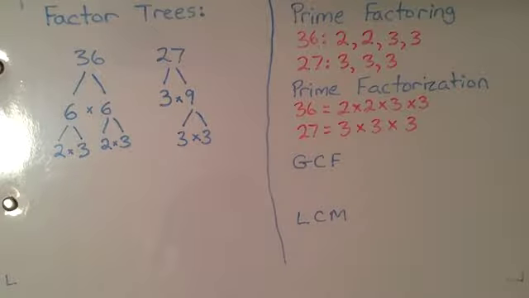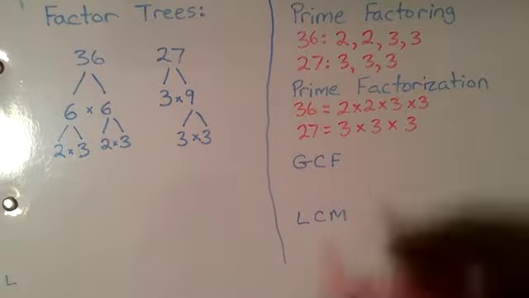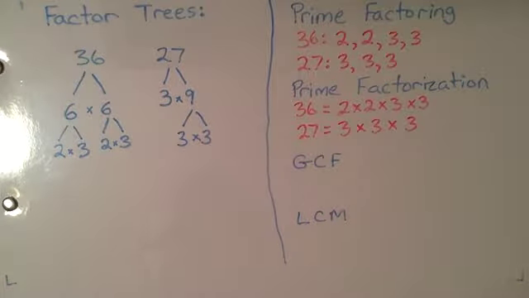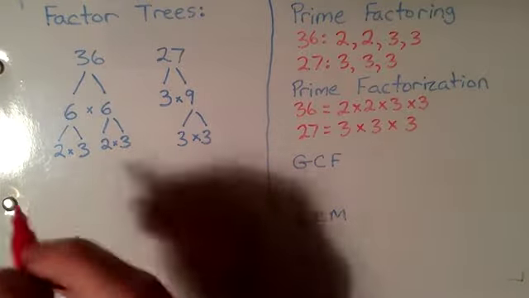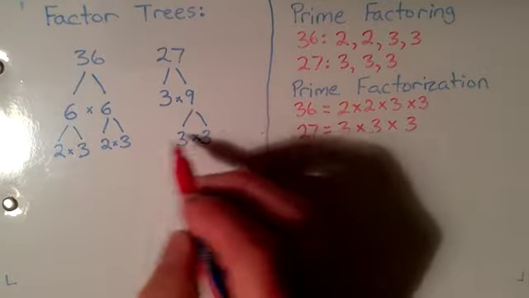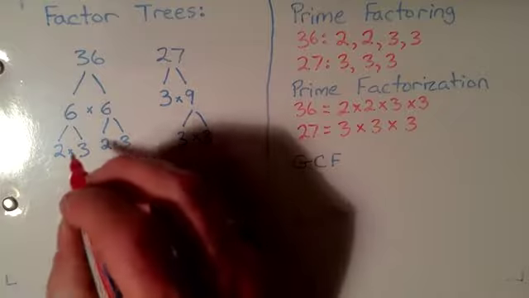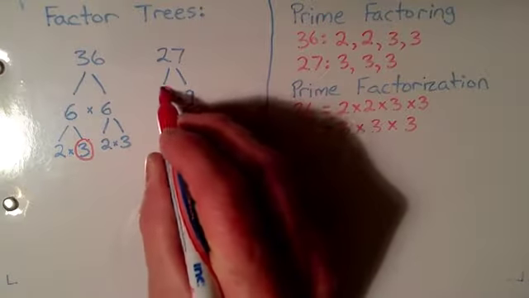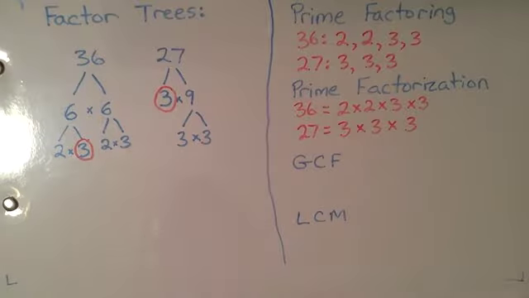So how can we use this information to help us find our greatest common factor and our least common multiple? Well, I find the easiest way to do this is to go back to the factor tree. And what you want to do is match up any of the factors that are the same in both trees. So in this case, I've got a 3 here and a 3 here, so I'll circle both those.